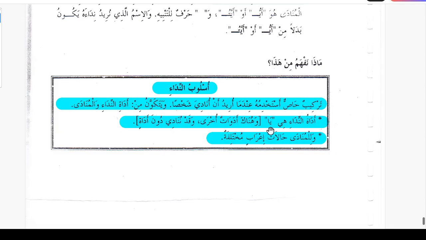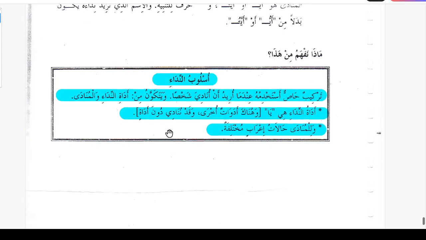Adatu nadai hiya ya wa hunaka adwatu nukhra, and the tool for calling is the ya, and there are other tools also. Waqad nunada duna adatin, and we can also call without this particle which we have not studied here.